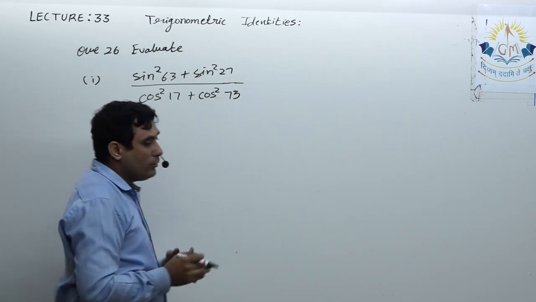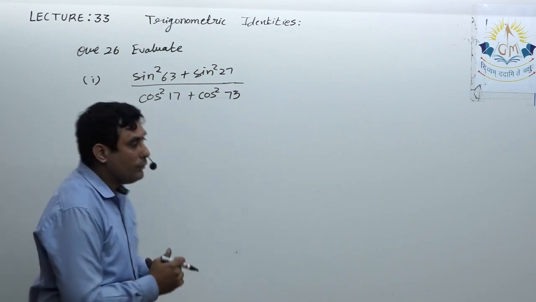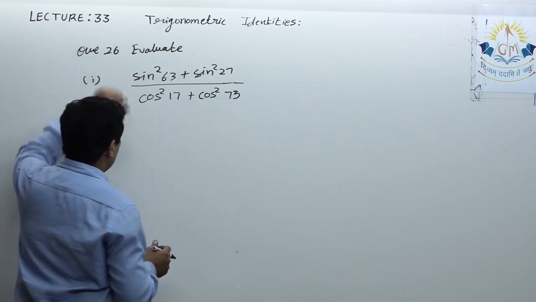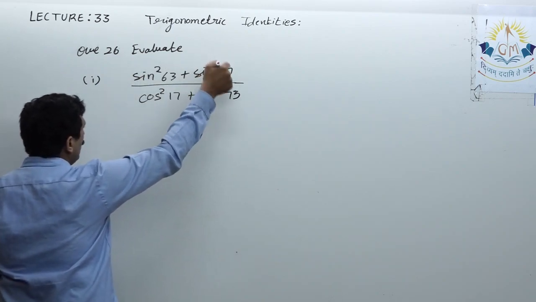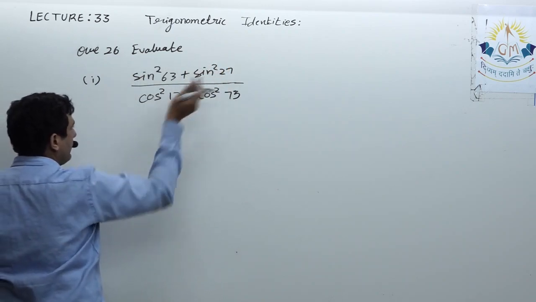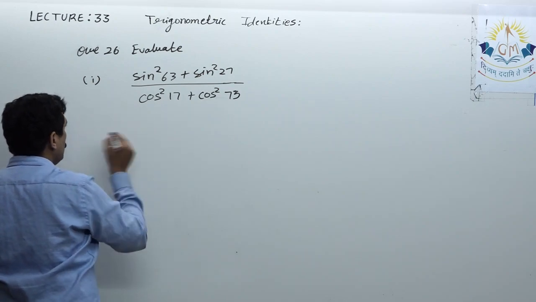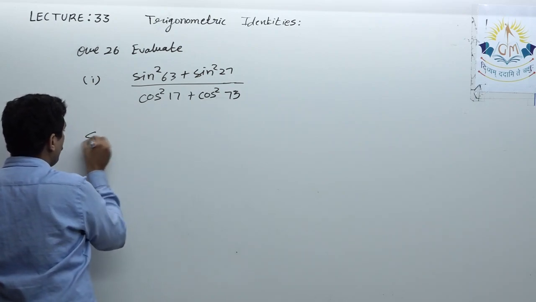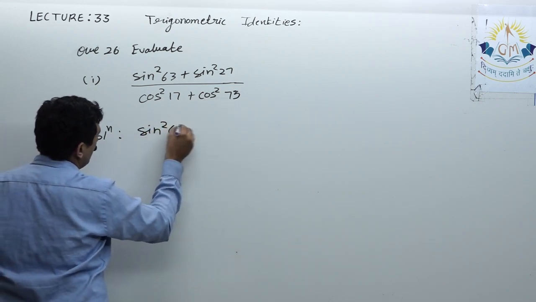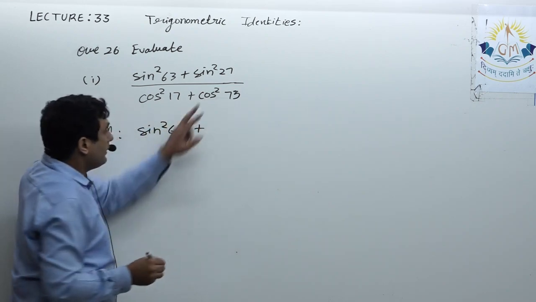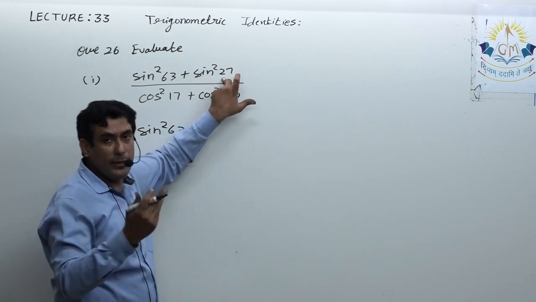So we also know in general what we do, we convert any one ratio, either first one or second. So here I am trying to convert the second one in both the cases, in the numerator as well as in the denominator. So here for the solution I write sine square 63 plus, see this is sine square theta, that means sine theta whole square.